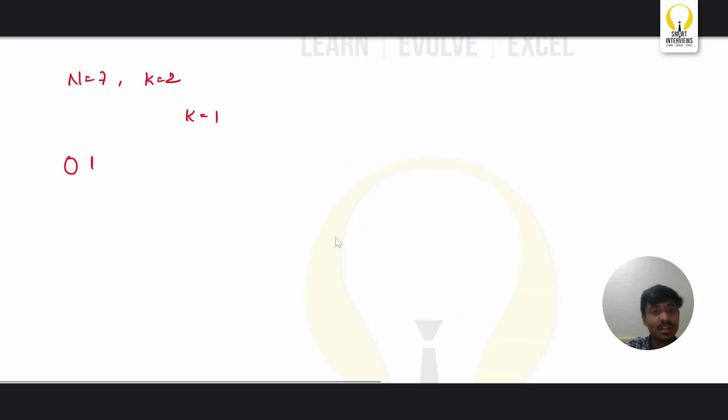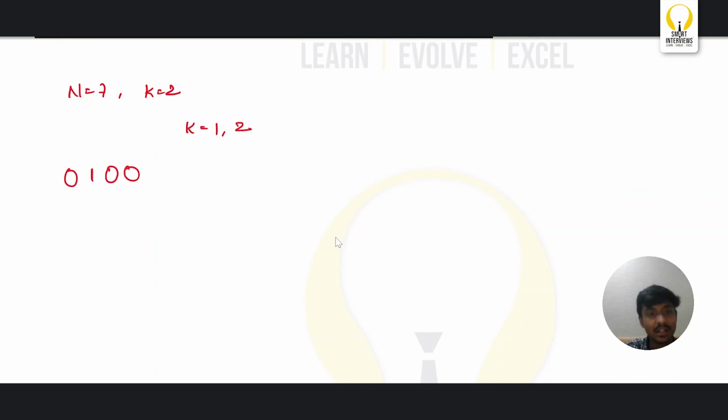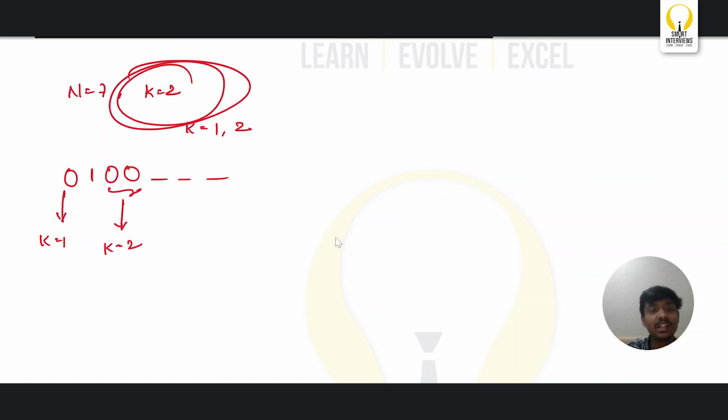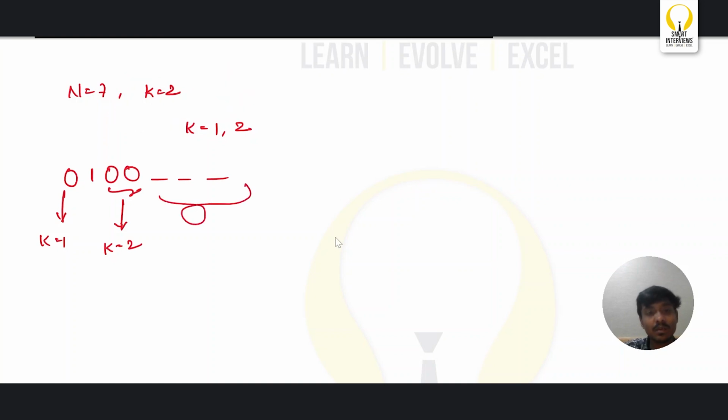I have placed it. Now, what should be my next island length? It should be for sure 2, right? Now, this is one island of length 1 and this is one more island of length 2. So we are done with 2, right? Now we are no longer worried about this.